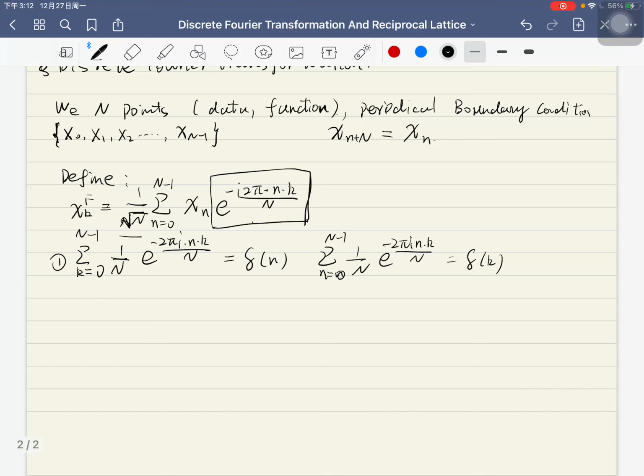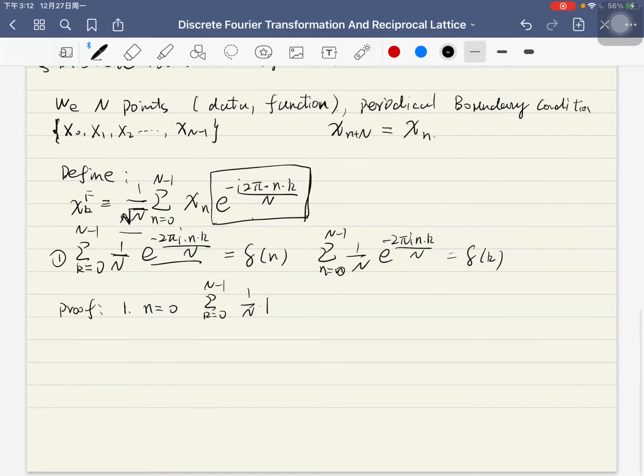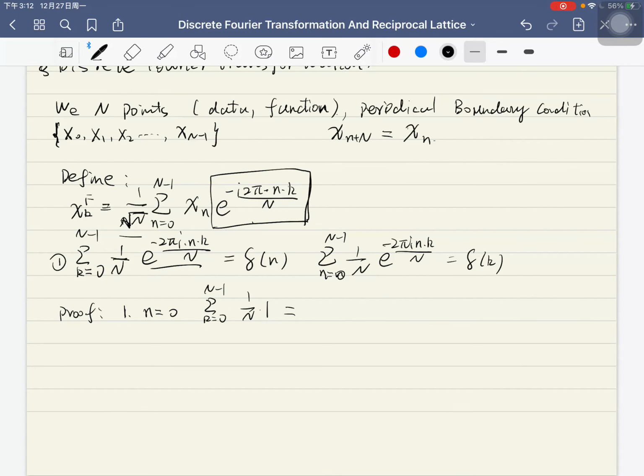To prove this, we can divide into two situations. First situation, n equals 0. This is very easy. k from 0 to N minus 1. If n equals 0, this term becomes 1, and this is 1.